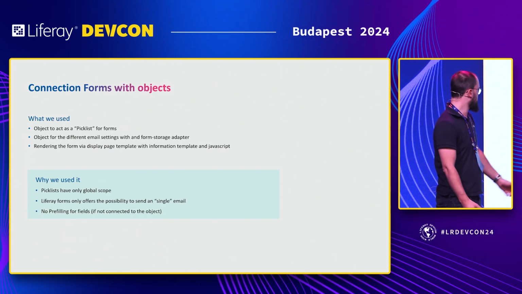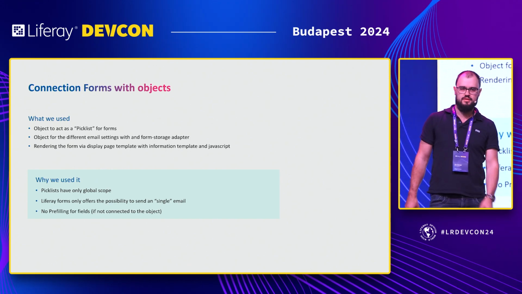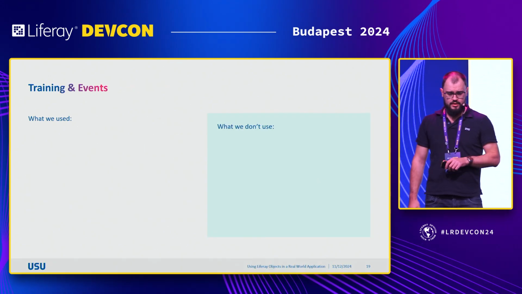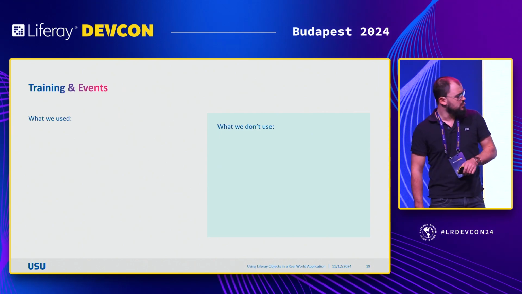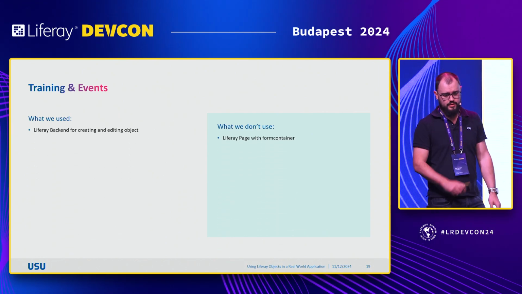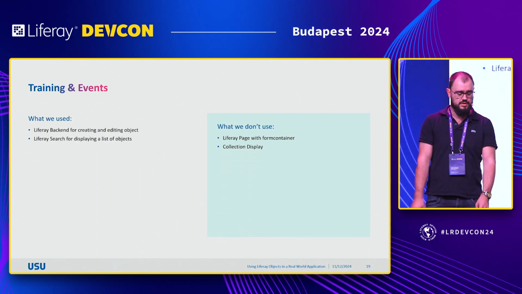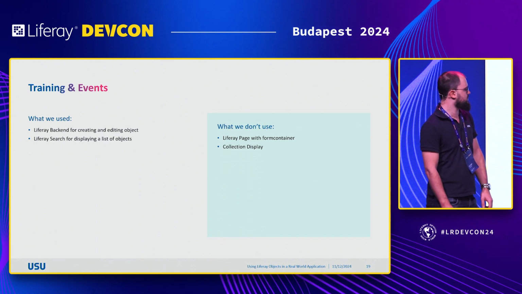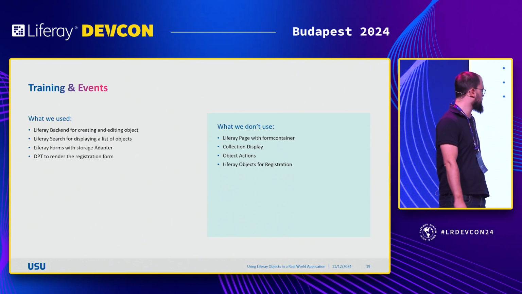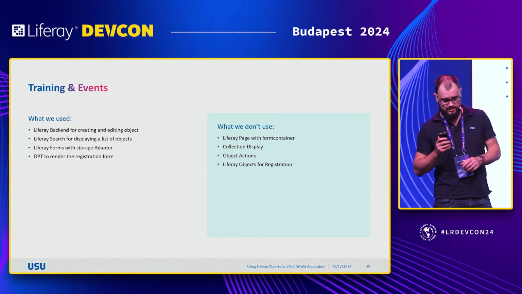The form was rendered on a display page, auto-filling some fields with JavaScript. So, a summary of what we use in this case: the Liferay backend, not a display page template. We use the Liferay search, as I said. We also use a storage adapter.